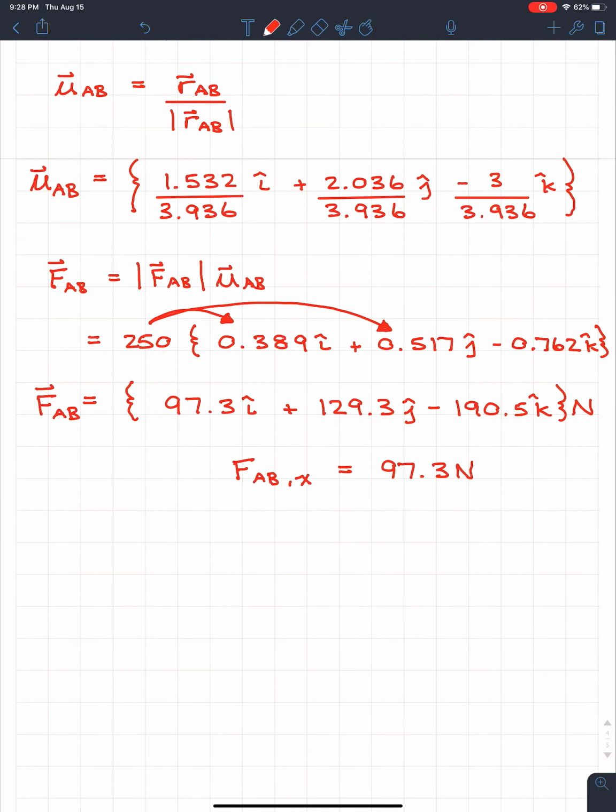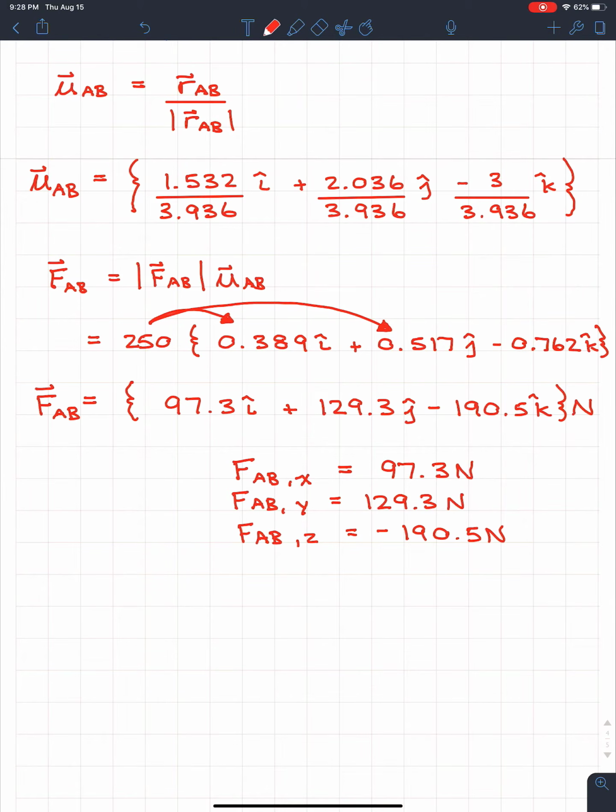Even I forget sometimes, but it's a force vector, needs newtons. And then we look at force AB, comma, y. And that's going to be the 129.3 newtons. And then force AB, comma, z is going to be the negative 190.5 newtons. So it's really easy to get the components.